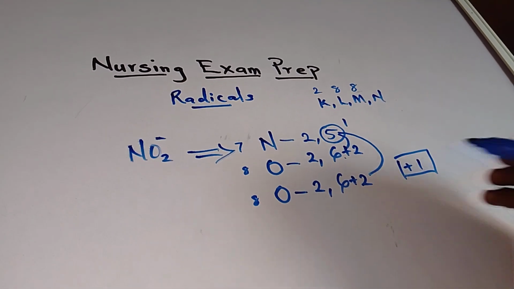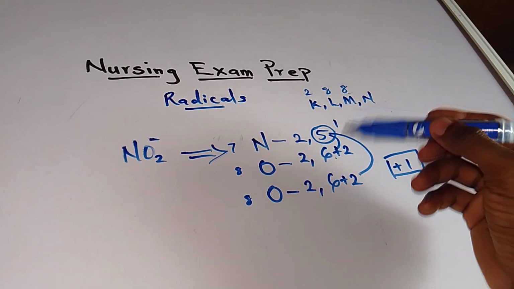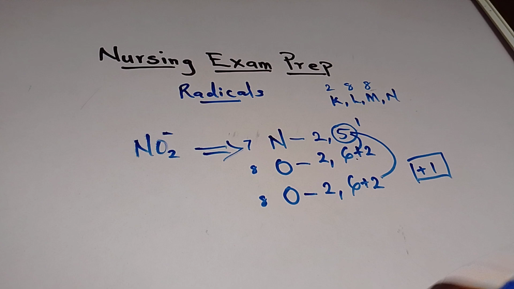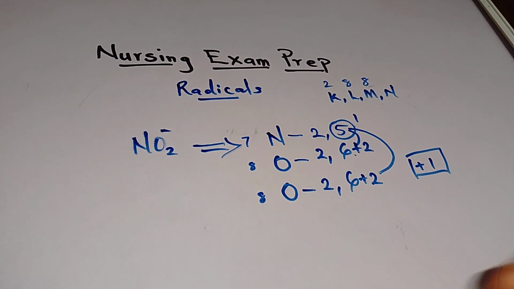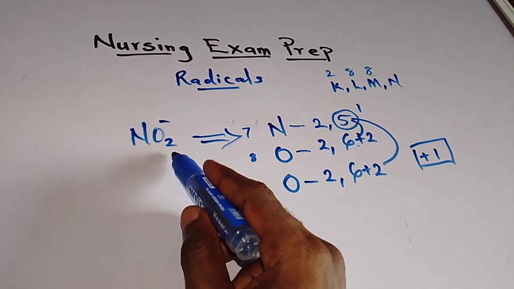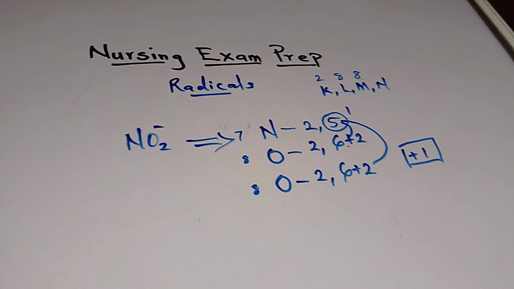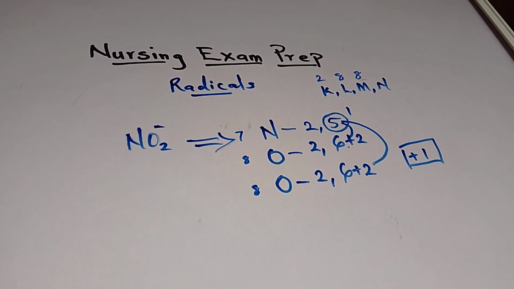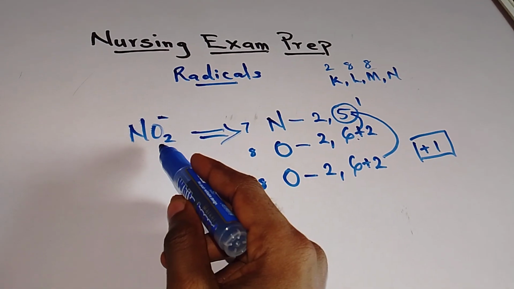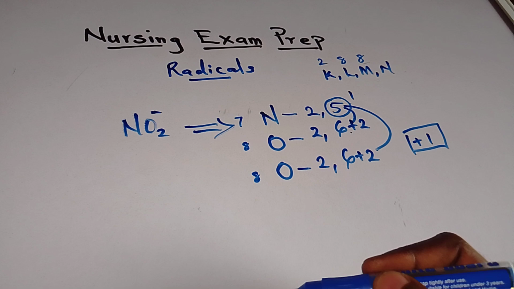This 1 that is left can be given out, and when you give out an electron, you become positively charged. But because this NO2 is a gas, its ion will be negative. It will not be positive.